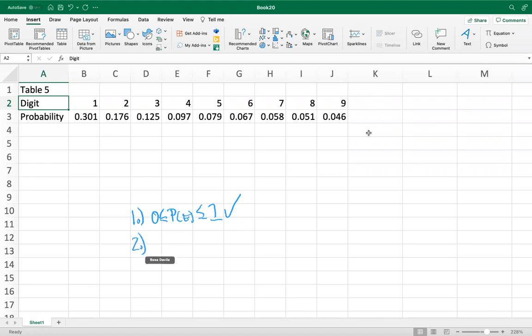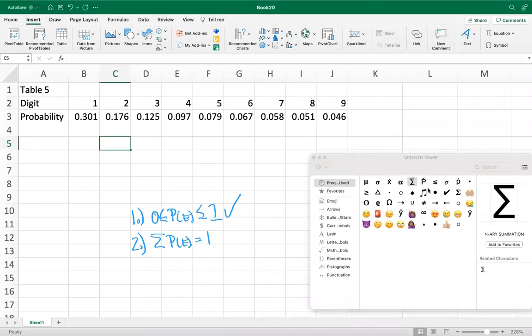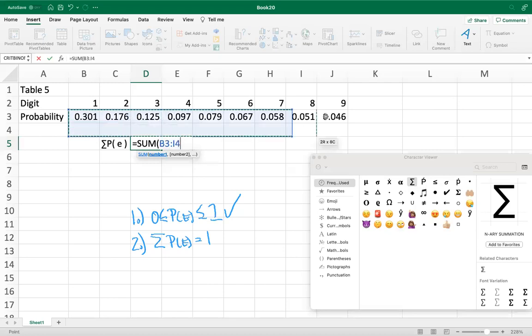So we pass this condition. And part 2: the sum of all the probabilities is equal to 1. The way we can find this is to find simply the sum of all of these. So equals sum of these.